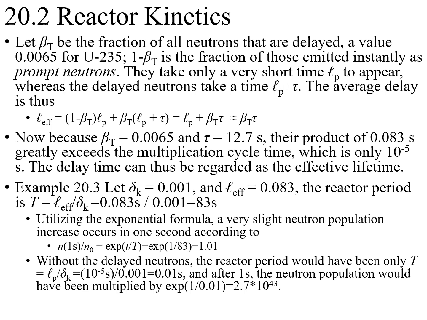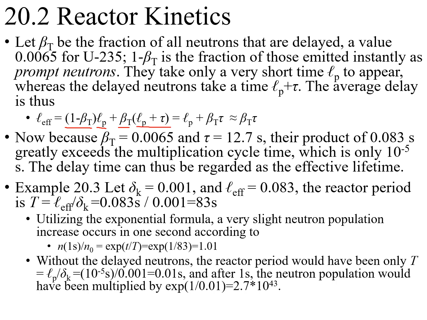The average delay, R effective, can be calculated by this formula. Here you have the prompt neutron fraction times the prompt neutron lifetime, plus the delayed neutron fraction times the delayed neutron lifetime.